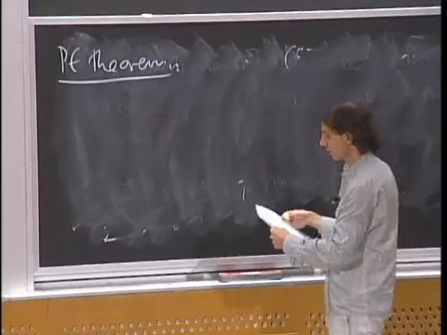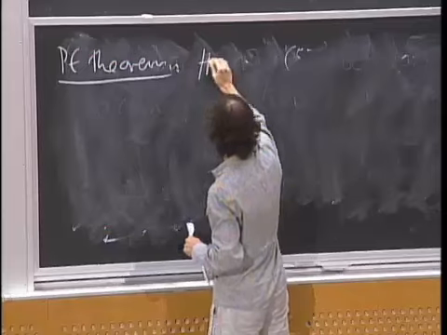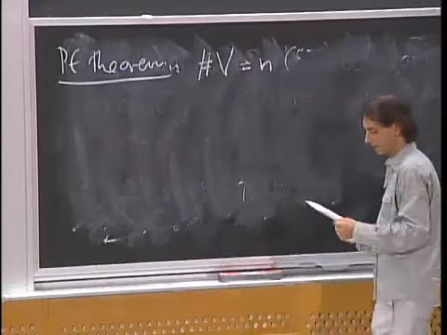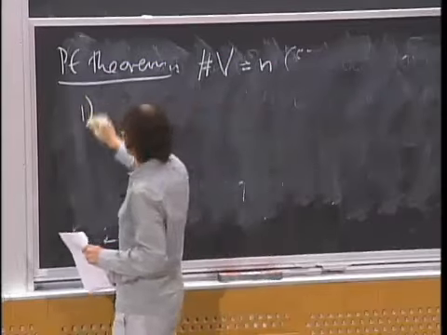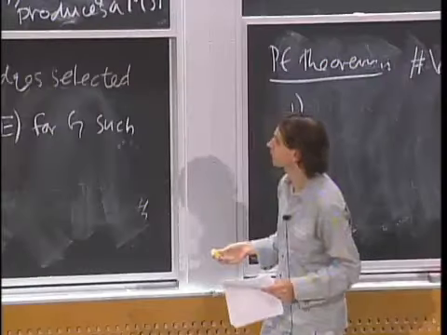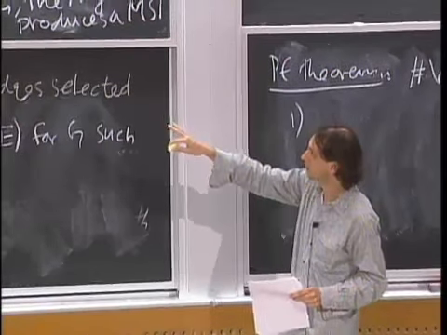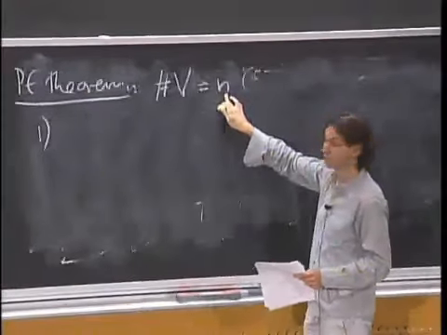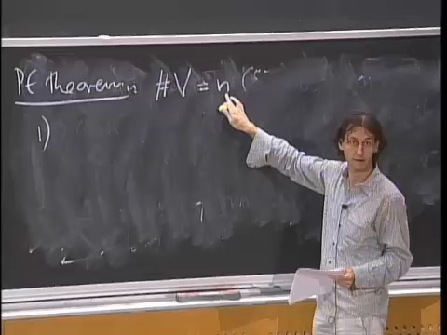Well, suppose that the number of vertices is actually equal to n. And if we want to show that we get to a minimum spanning tree, we want to first of all show that the algorithm is able to choose at least n-1 edges, right? Because a tree has n-1 edges.